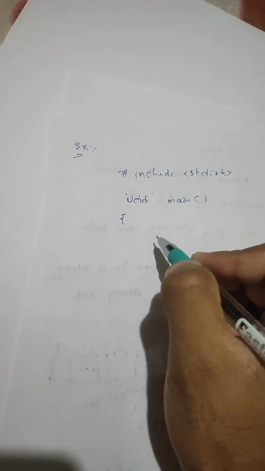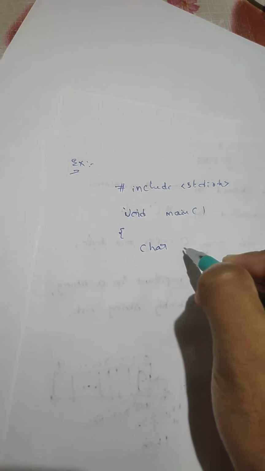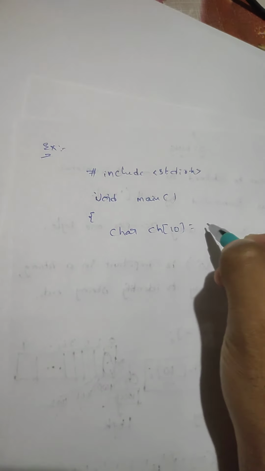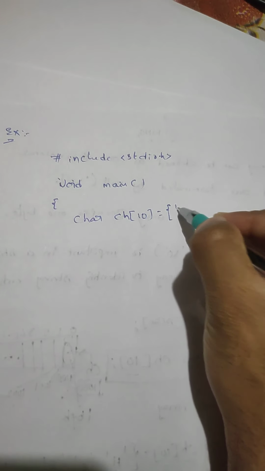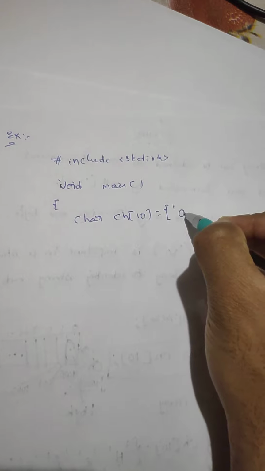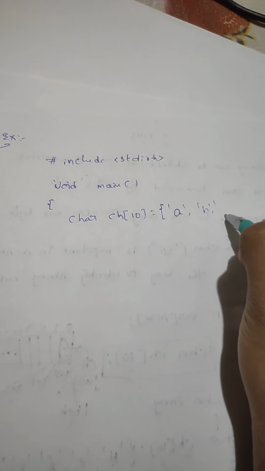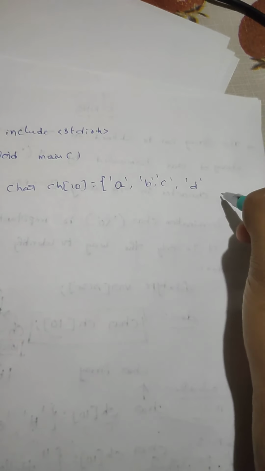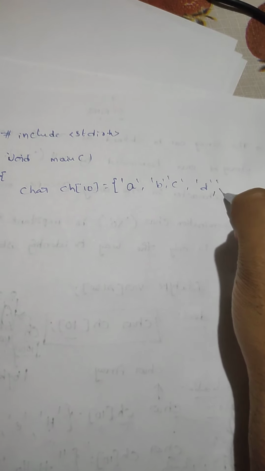Then declare the character array: char ch[10] equals, and I am storing the values using the character array concept. Individual values: 'a', 'b', 'c', 'd'. Next, at the end of the string we are placing \0.